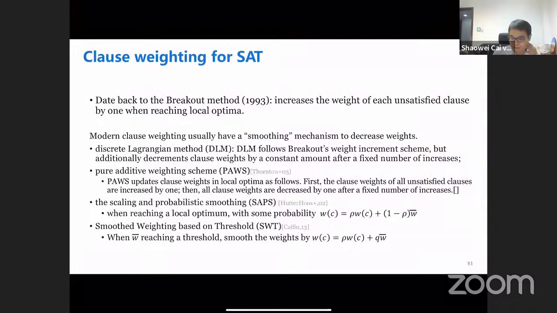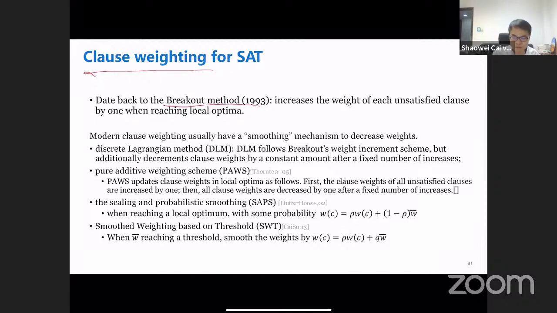Besides these two frameworks, there is a significant line in local search for SAT, which is called clause weighting. The principle is to emphasize the importance of the clauses that are frequently unsatisfied. This method can date back to the breakout method in 1993.